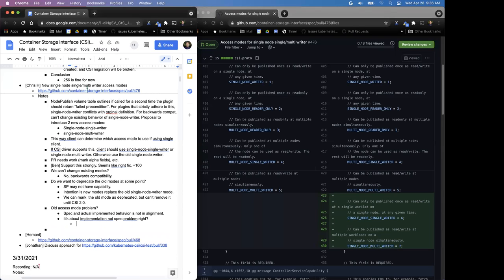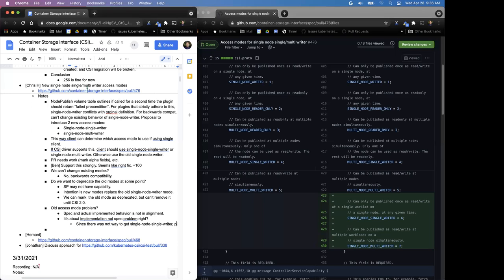But I think the other option is the one that we currently have already in the spec. I think the problem is that because there was no way to get single node multi-writer, and because Kubernetes interprets the existing single node writer as single node multi-writer, people went ahead and wrote their CSI plugins to behave as if it was single node multi-writer.